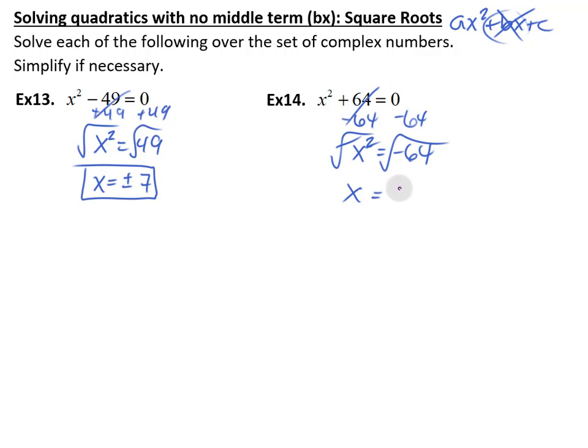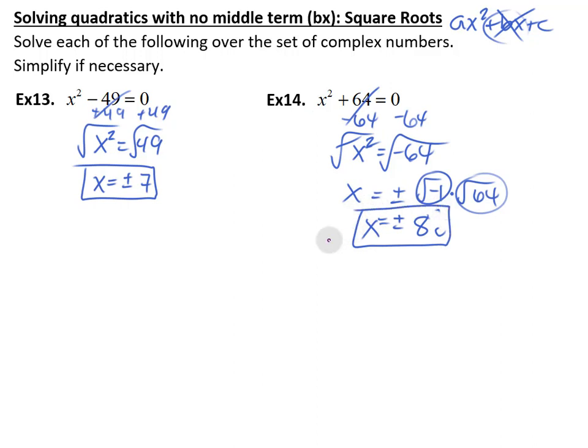Well, now we know how to deal with that. I still need to put plus or minus, but we can think of this as the square root of negative 1 times the square root of 64. So we get plus or minus, this is going to give me 8, and this is going to give me i. Plus or minus 8i. There are our 2 solutions for x. We just needed an imaginary number this time.